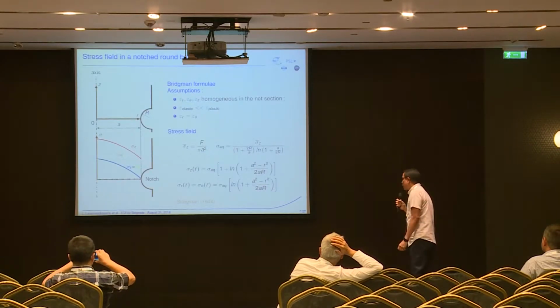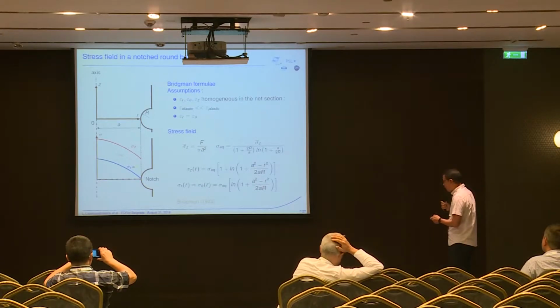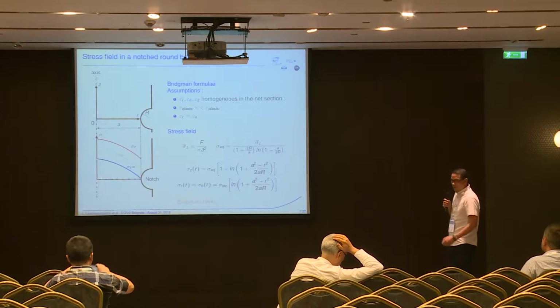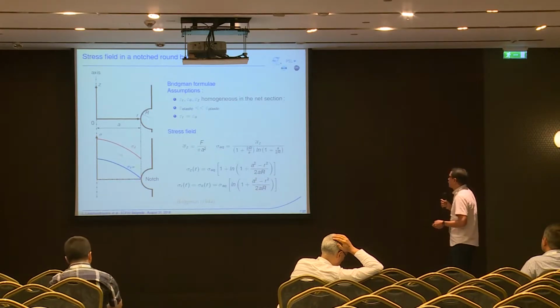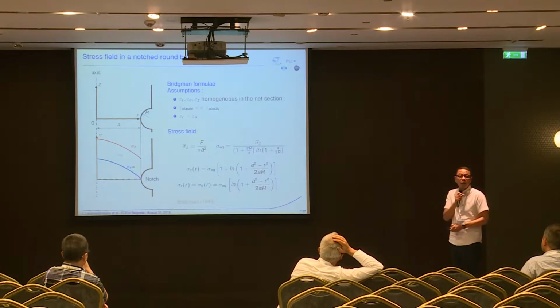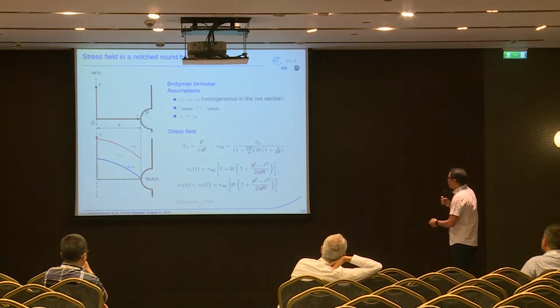So let's start with the Bridgman theory for finite notch radius, drawn here. At the beginning, the hypothesis of Bridgman is that the strain tensor in the net section is homogeneous, so there is no gradient of strains, and also that the radial strain and the hoop strain are equal.